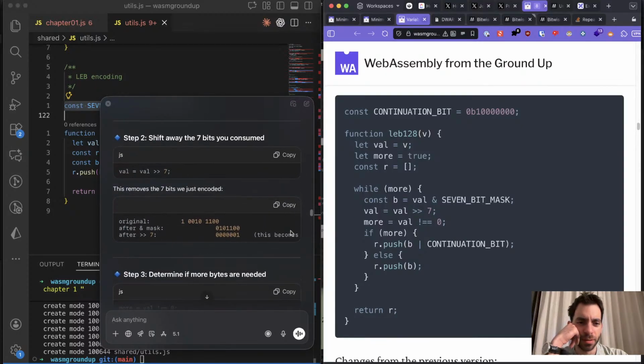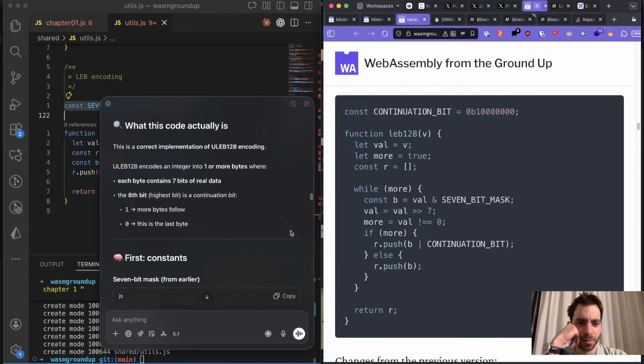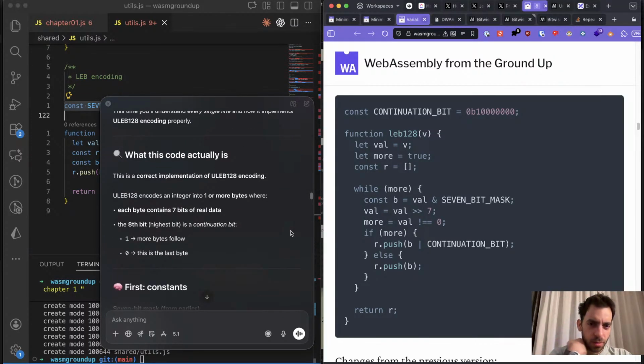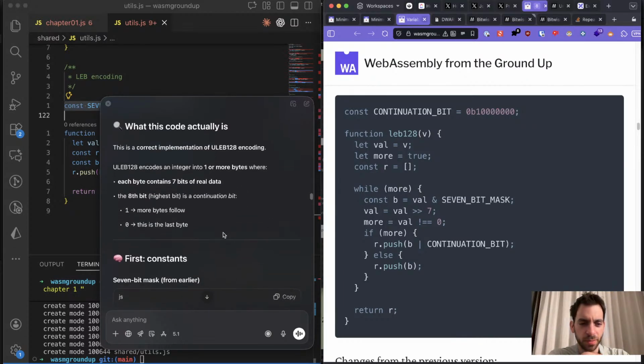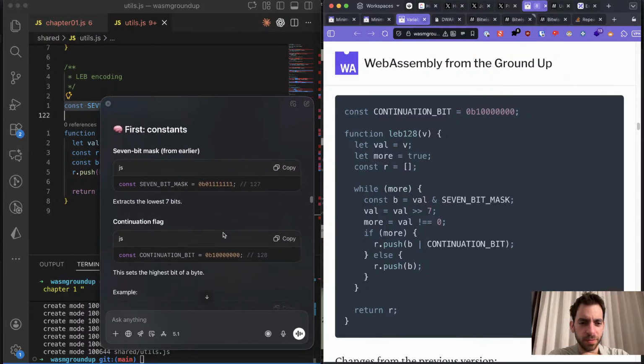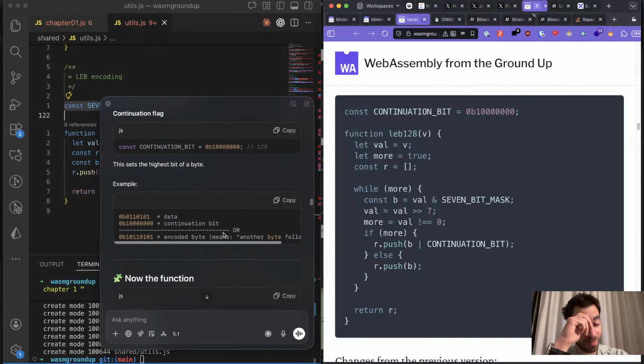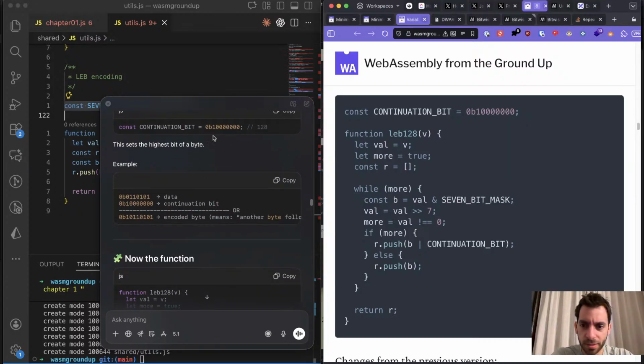Okay, so let us read this thing again. Unsigned LEB128 encodes an integer into one or more bytes where each byte contains 7 bits of real data. The 7-bit mask from earlier extracts the lowest 7 bits, and the continuation flag is the highest bit of the byte, and that's where we understand LEB128, since it comes in here, and this is a continuation bit.